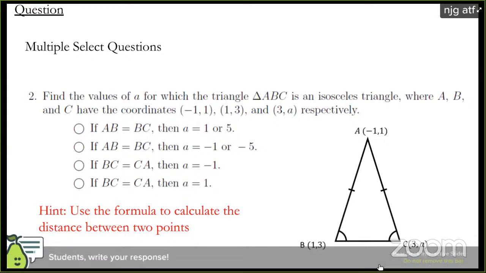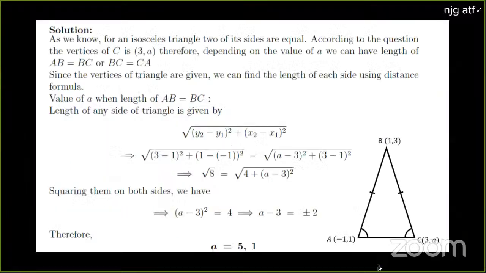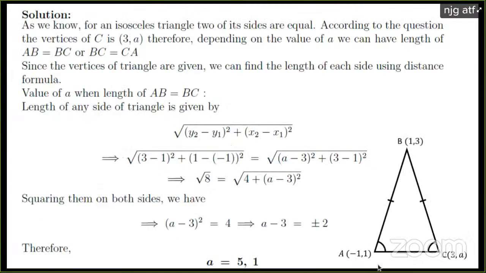So let's see the solution. As we have discussed about this isosceles triangle, that means two sides of the triangle are equal. We don't know whether AB is equal to BC, or AB might be equal to AC, or BC might be equal to AC.